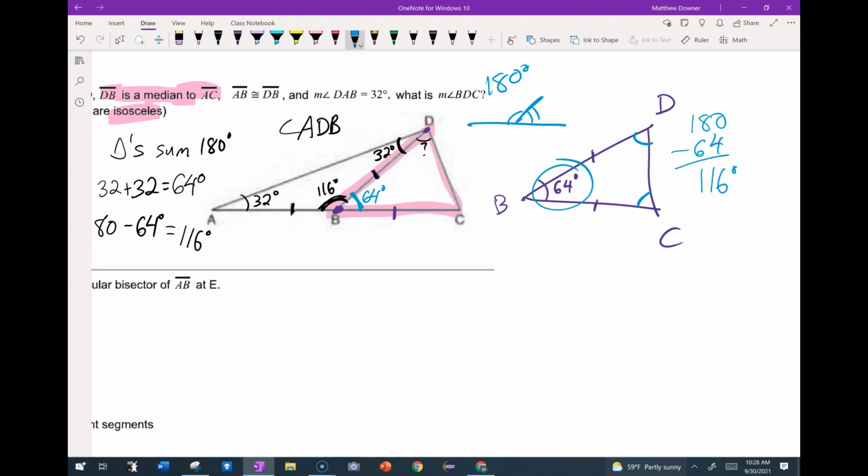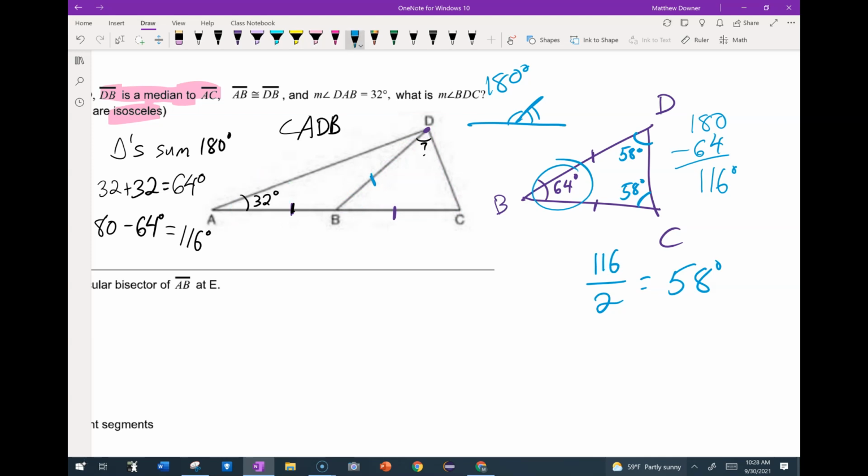So my two base angles should sum to 116 degrees, so that all three angles sum to 180 degrees, but I know they should be equal to each other. So if I take that 116 degrees and divide by 2, I find that each of those base angles are 58 degrees. So it's like a puzzle. All we started out with, if I look at my original picture again, was this 32 degrees.